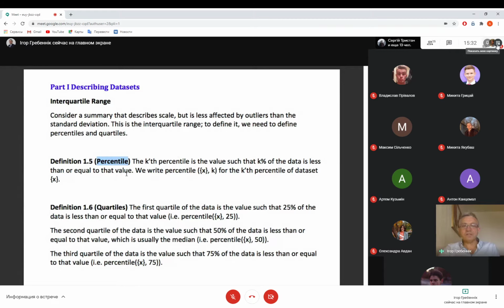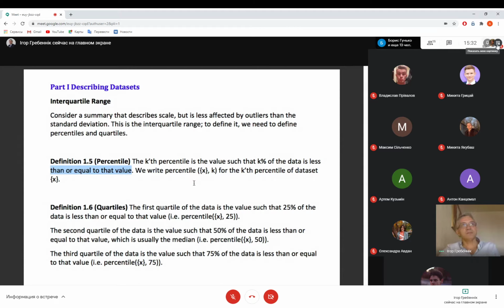That value is equal to 90 points. Which percent of the students have grades in theory of probabilities less than or equal to 90? For example, 10%. Other students will have 90 plus.